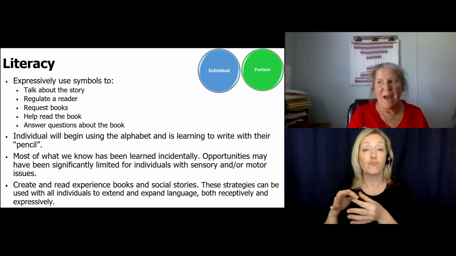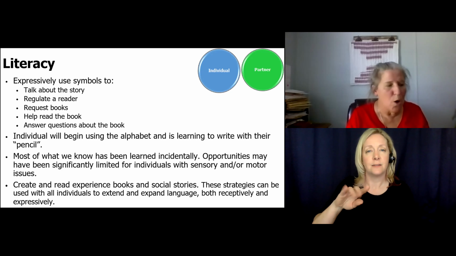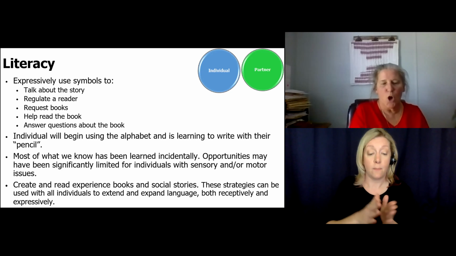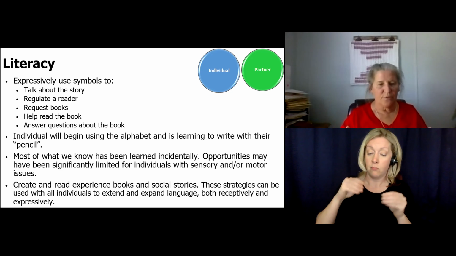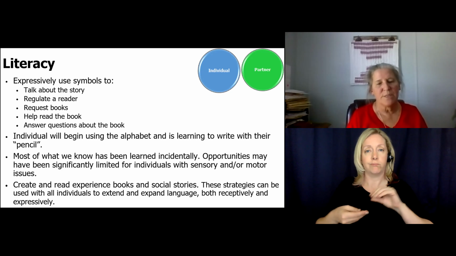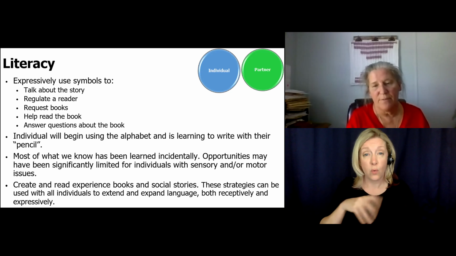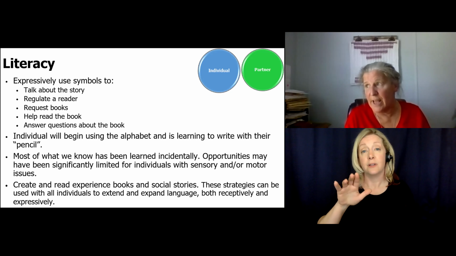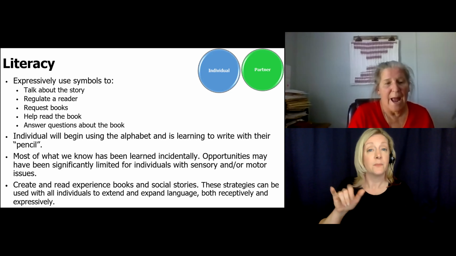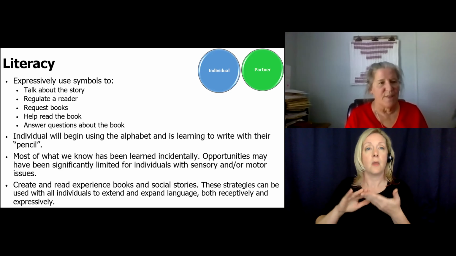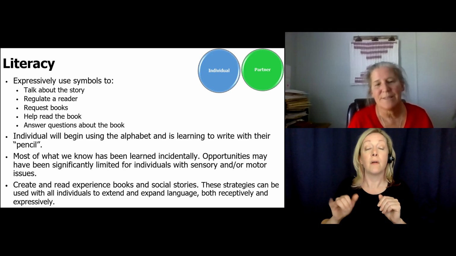Or even having exposure to holding a book, reading it, turning pages, holding it the right way. All of those things are very much part of literacy. And we have to give our students that exposure and the opportunity, because most of that kind of thing we learned incidentally.